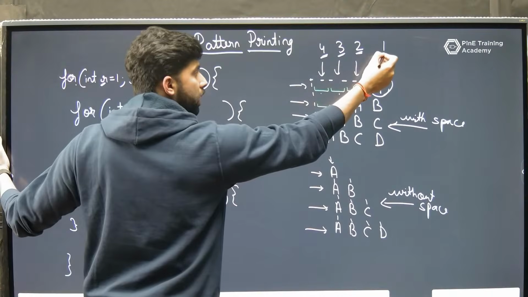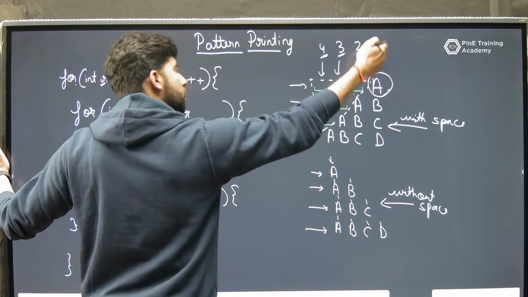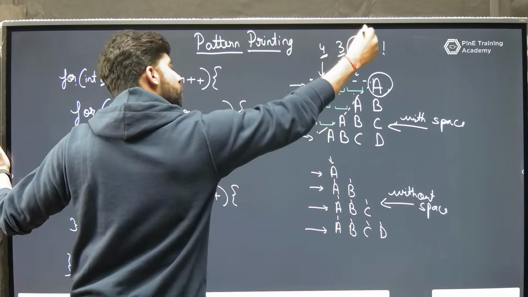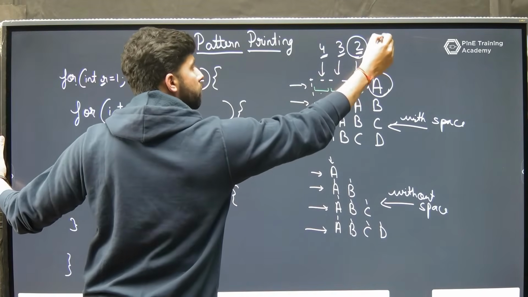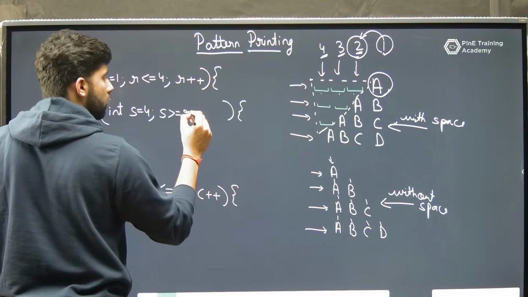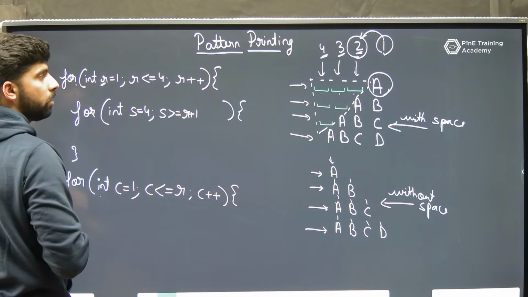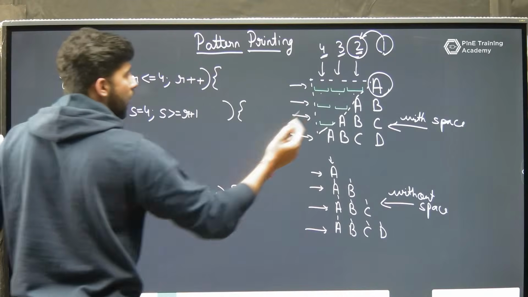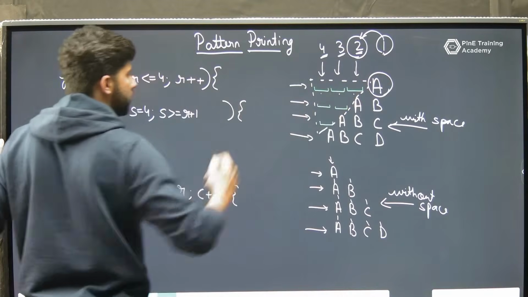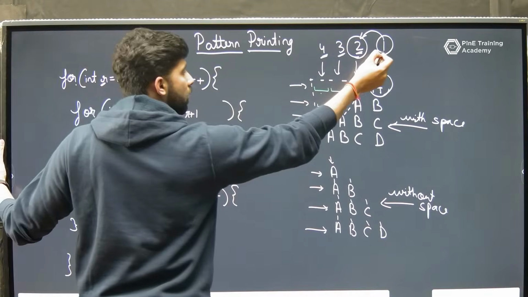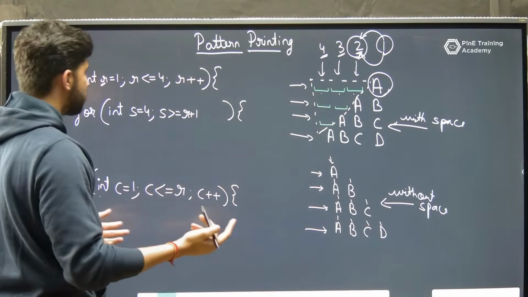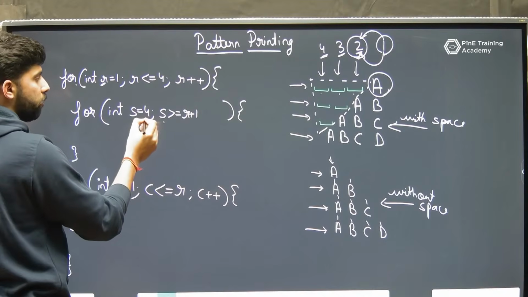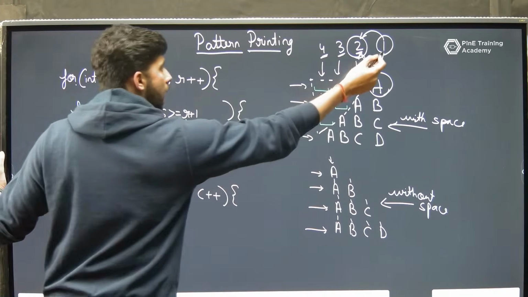If I go till here, it will be r, but I want to go till here only, which means whatever r we have plus 1. That means if r was 1, I need to go till r plus 1, which is 1 plus 1, 2. So s starts from 4 and goes till r plus 1.